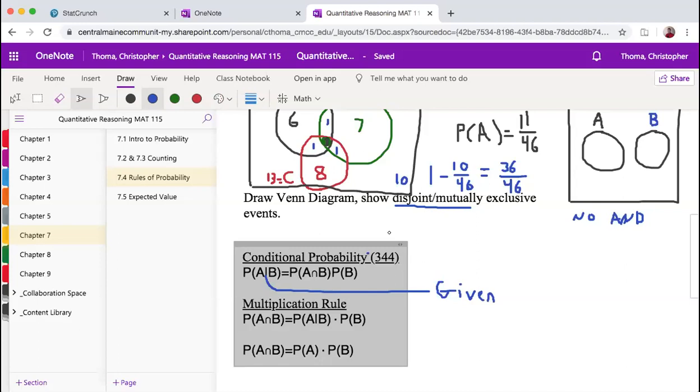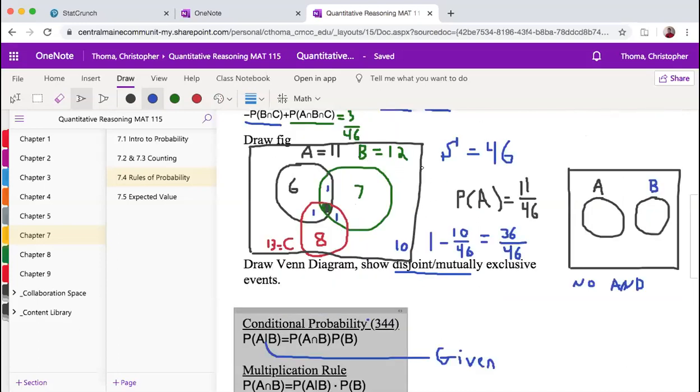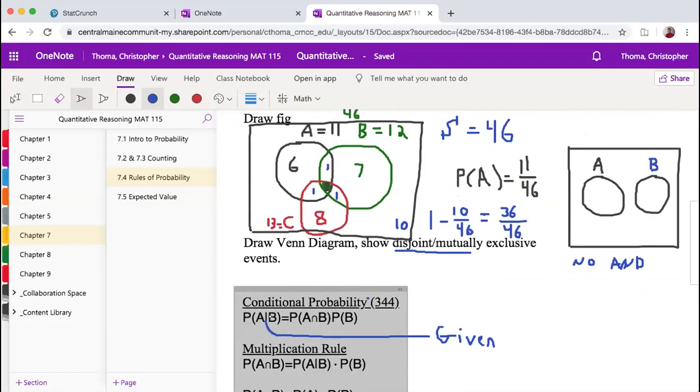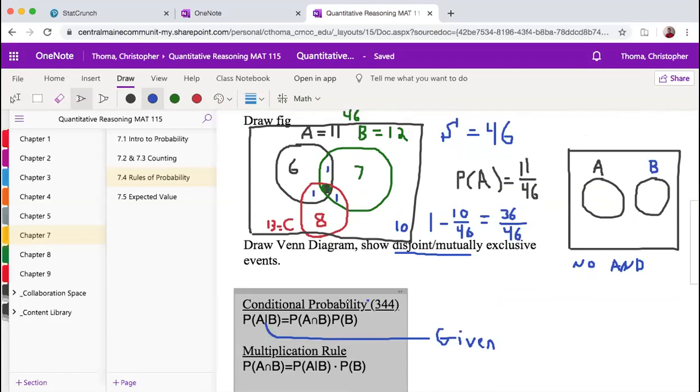Before the word given, my sample space was everything. With the word given, instead of focusing on the entire sample space, I just focus on the event that it says has happened. So that's where given comes into play.